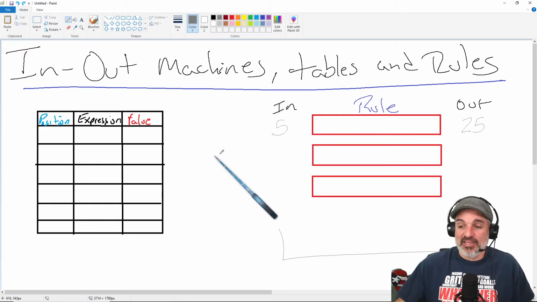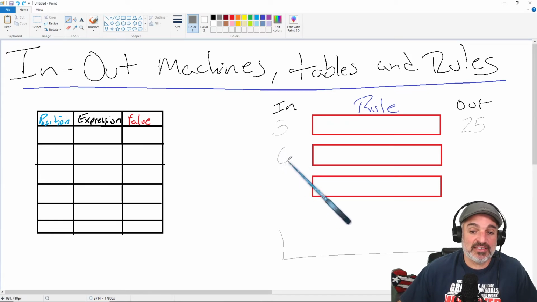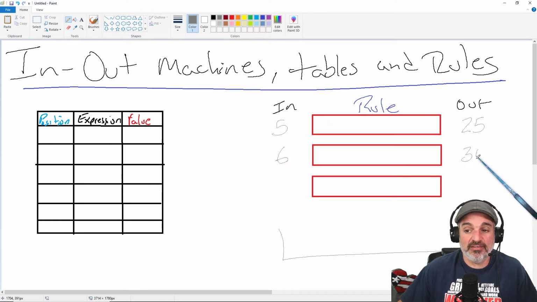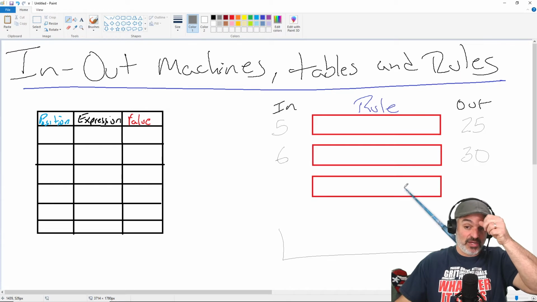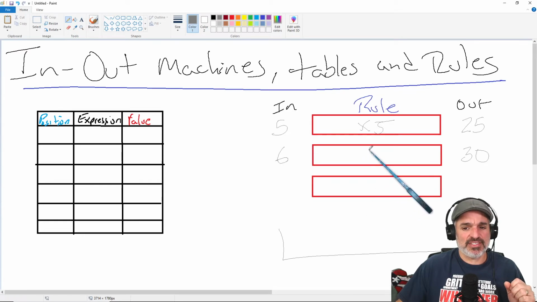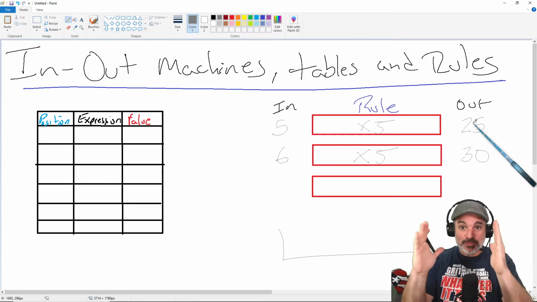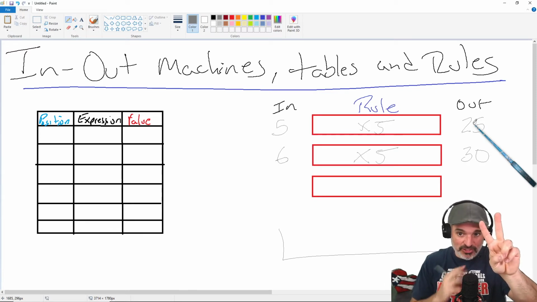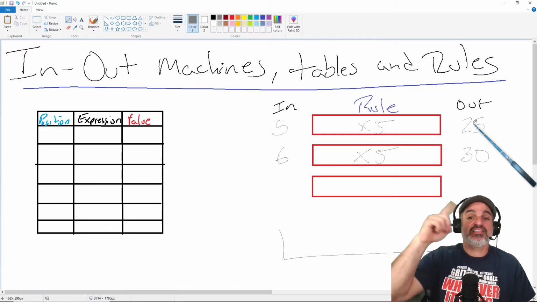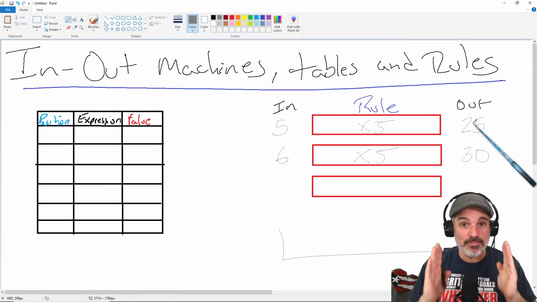Now, if I show you, for example, 6 and 30, then you say, whoa, wait a minute. I know that 5 times 5 is 25, and I know that 6 times 5 is 30. So in this particular machine with those two questions, the rule is times 5, because the rule always needs to be the same.